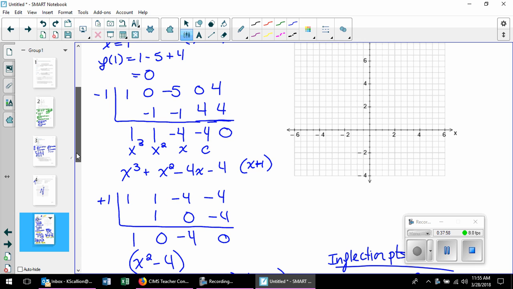I'll change colors just for the fun of it. So x-intercepts occurred at 1, 2, -1, -2. My y-intercept was at +4.